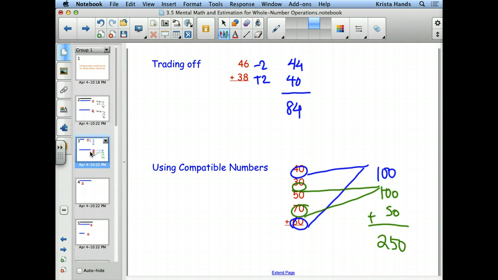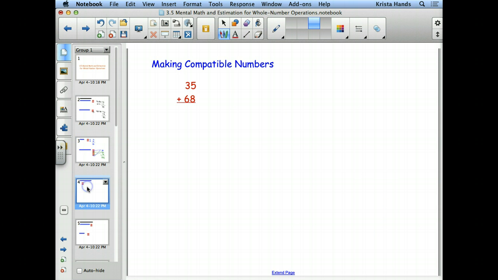The number that the compatible numbers group to is 100, right? So if I consider the 35, what would I have to add to 35 to get to 100? 65. And the reason I like that 65 and I'm sort of drawn to that is because when I add the 35 and the 65 together, I get the 100, and I really am awfully close to the 68.